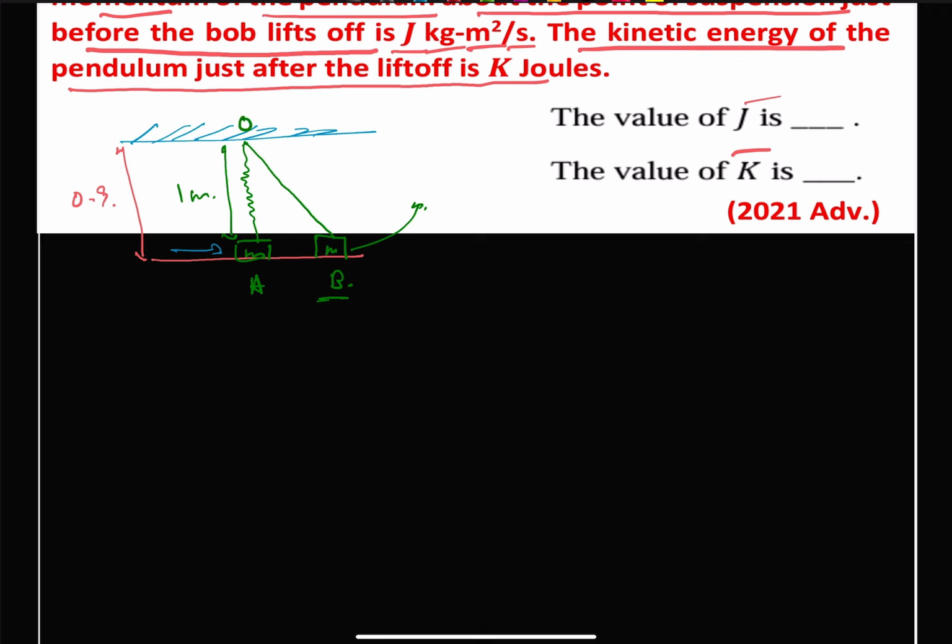This is point O, and let us assume that in the coordinate system this point O is called (0, 0).